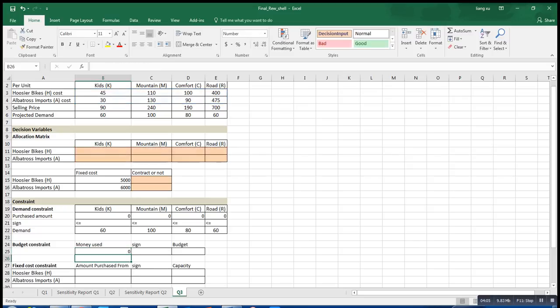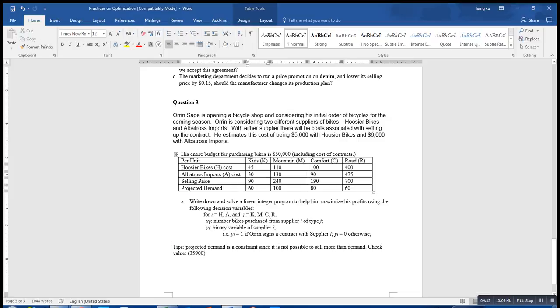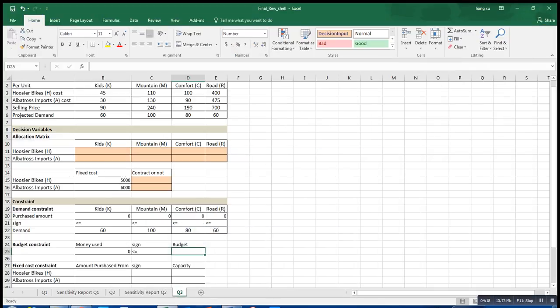So this money spent has to be less than or equal to the total money you have. As we see here, the budget amount is 50,000. This is your budget amount.